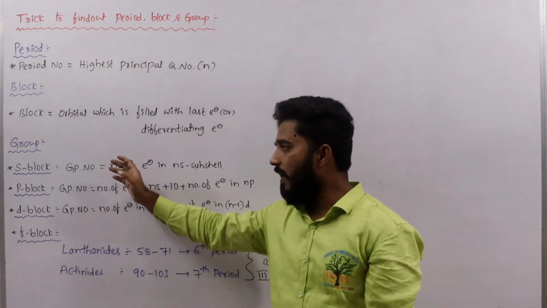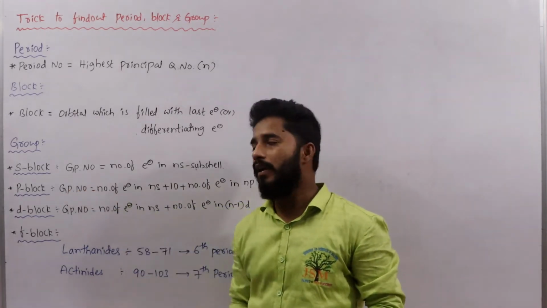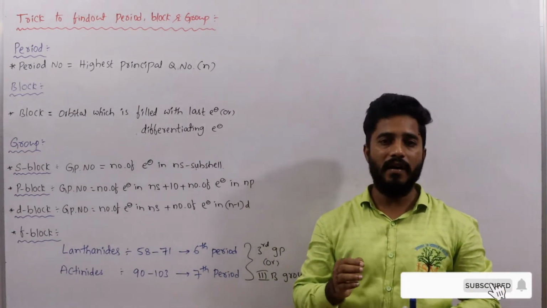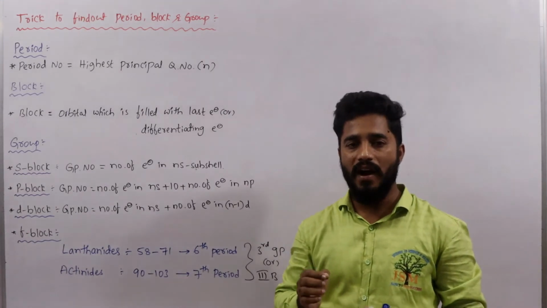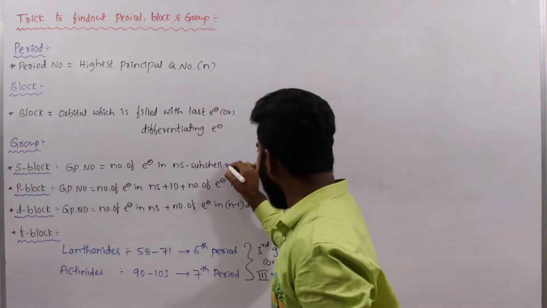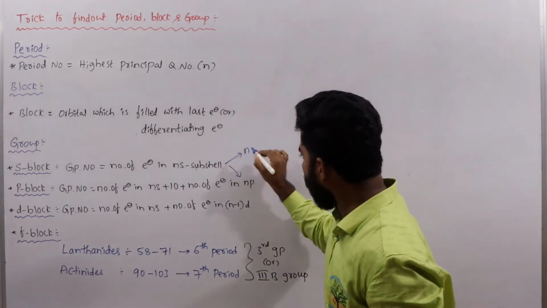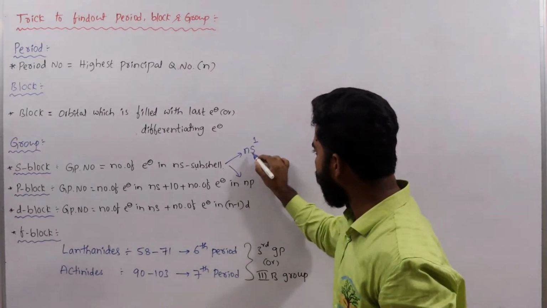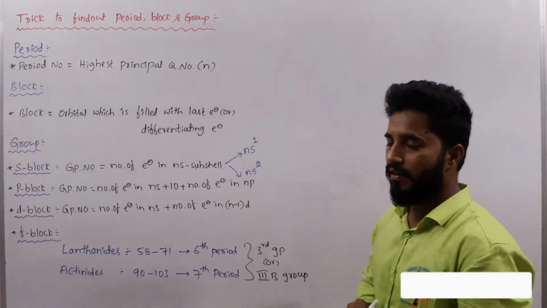Then let us see group. For s block elements, group number is equal to the number of electrons in the ns orbital. Here ns orbital with one electron, or ns orbital with two electrons.